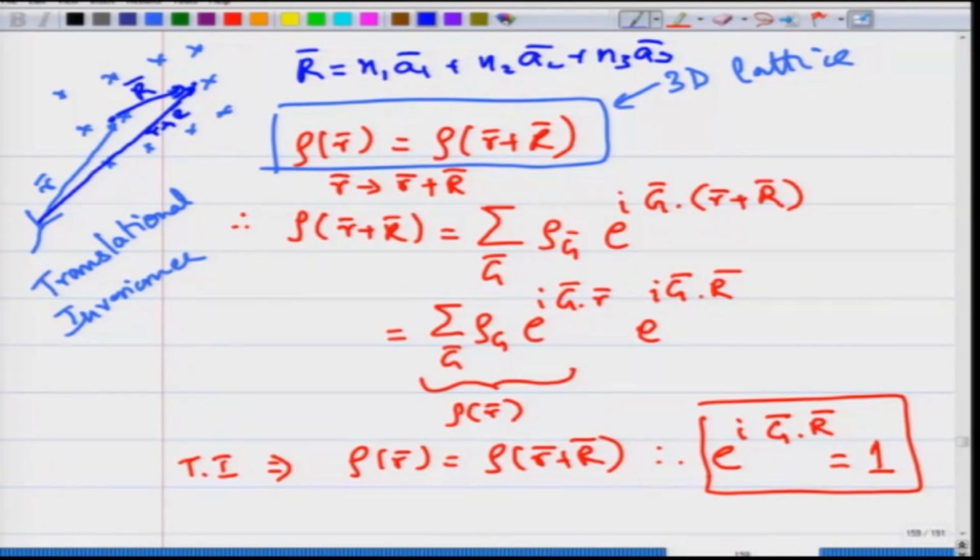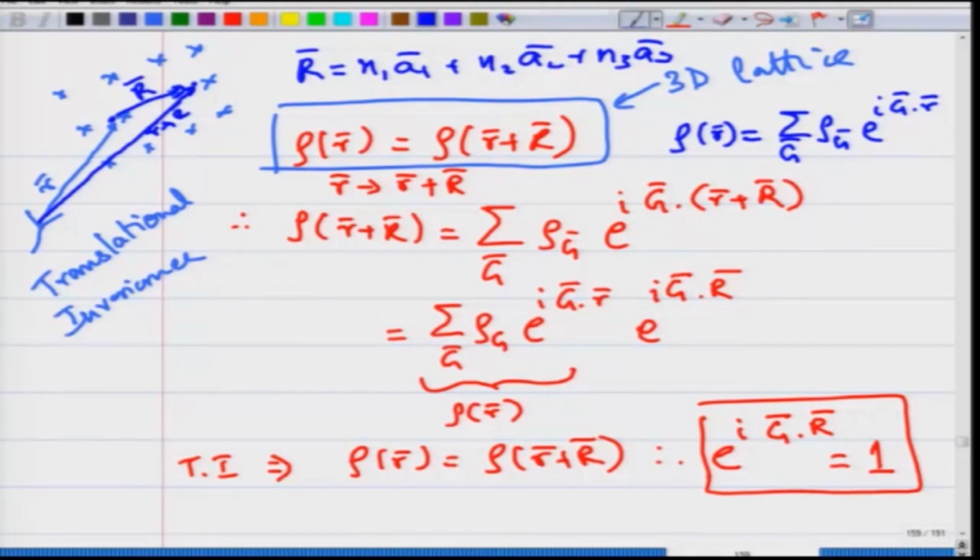With this translation invariance, rho of r you can do a Fourier expansion: you can write it as a summation over some vector g, where rho g are the Fourier components, e raised to i g dot r, taking the Fourier expansion in terms of this vector g.